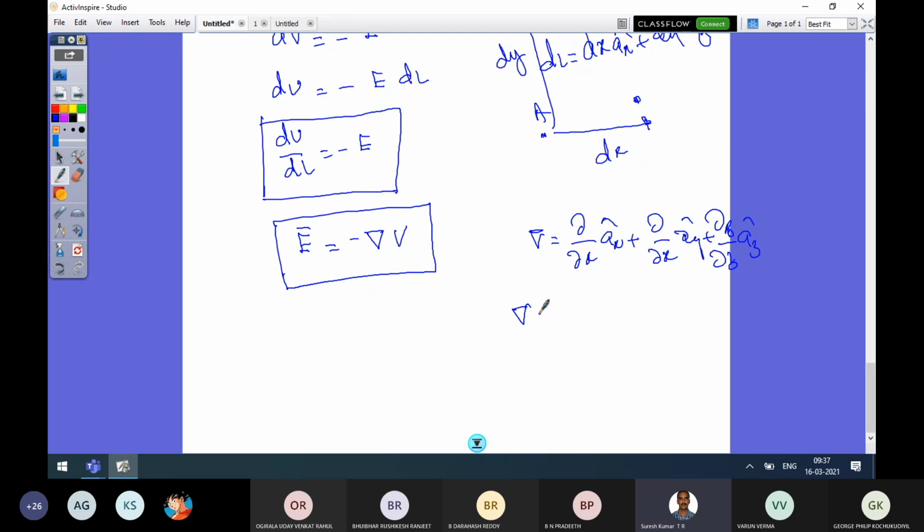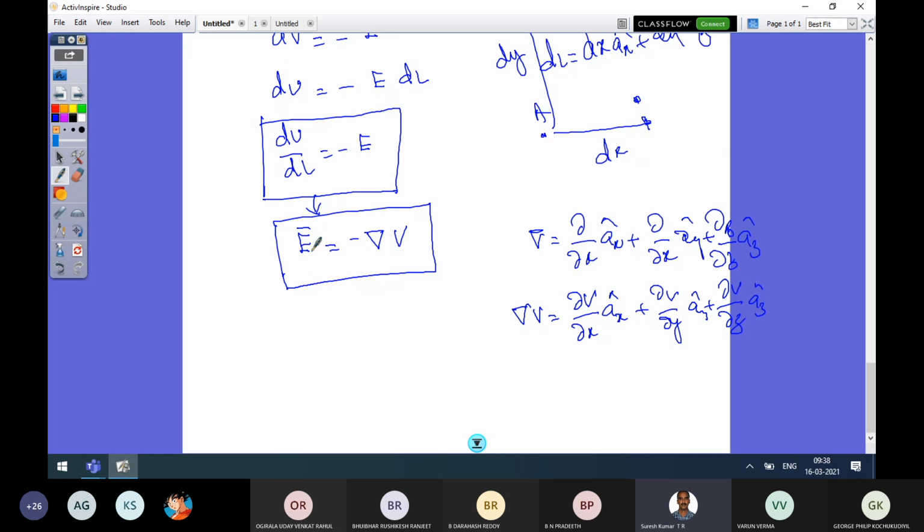So gradient of v would be dou v by dou x, or change of potential along the x direction, plus change of potential along the y direction, plus change of potential along the z direction. That's all. Okay, so we can write this equation like this.